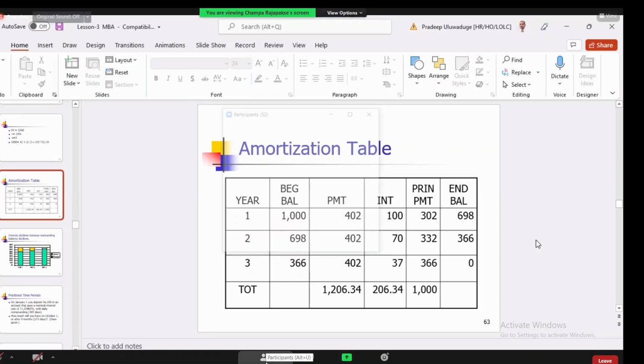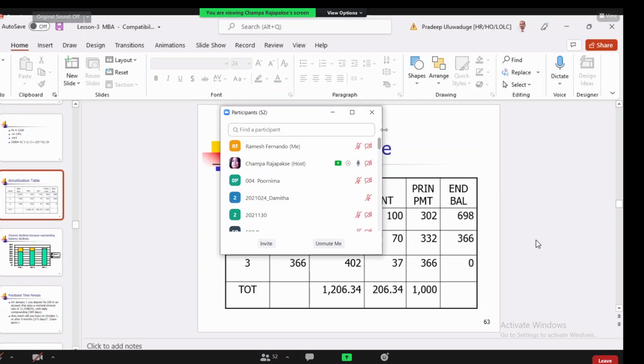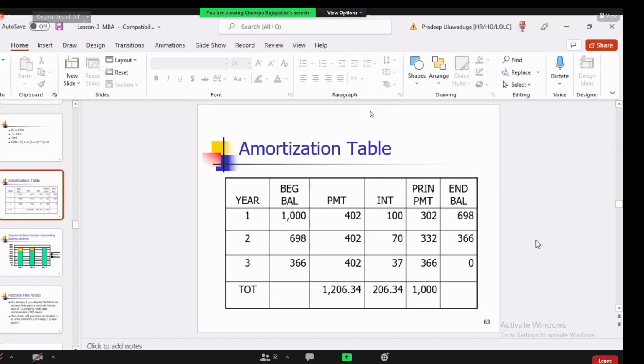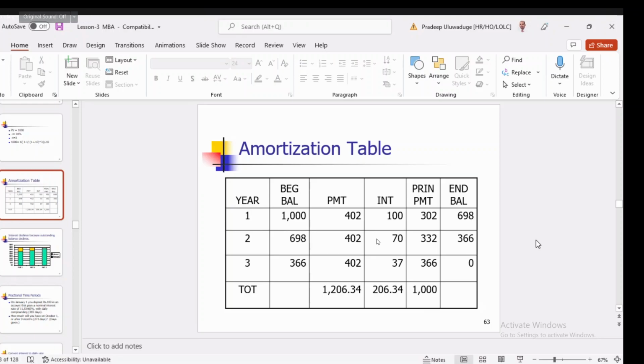Right? This happens because we calculate the interest on the principal. So at the very beginning, the principal amount is higher, so we pay a higher interest on the loan at the beginning of the loan, right?